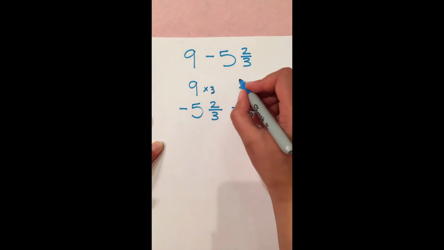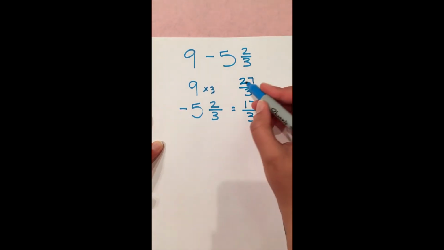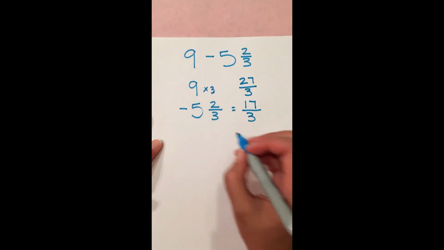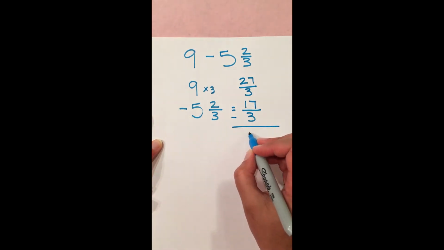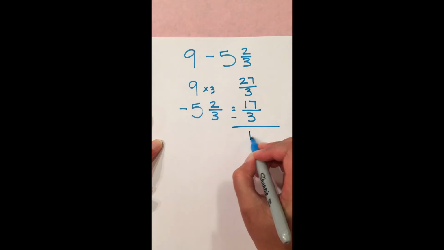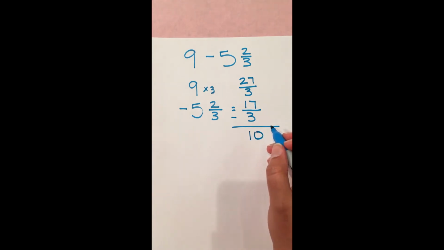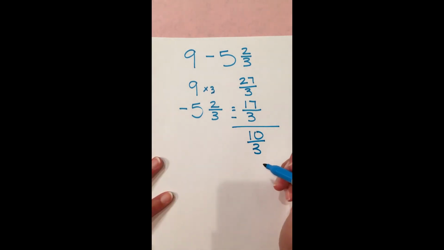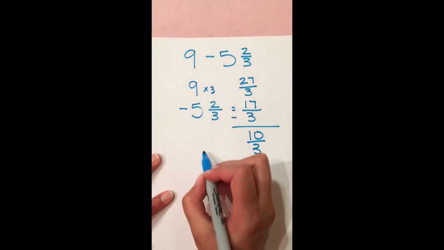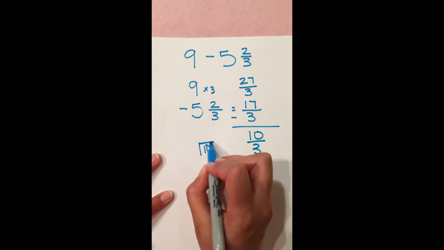3 times 9 is 27. Then I'm going to go 27 minus 17, and that is 10 all over 3. Now I'm going to have to convert this, and I have to go 10 divided by 3.